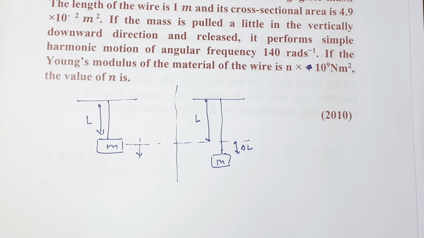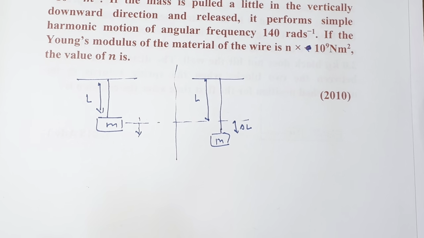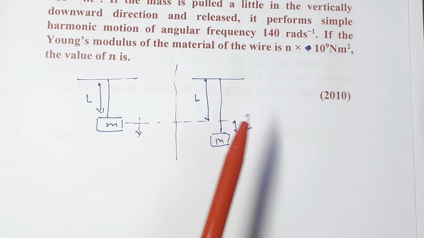So we are going to use both Hooke's law as well as, because it is performing SHM, the restoring force acting on it, and we are going to combine these two and solve for the value of n.